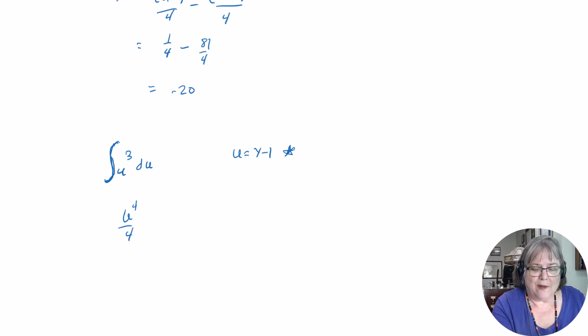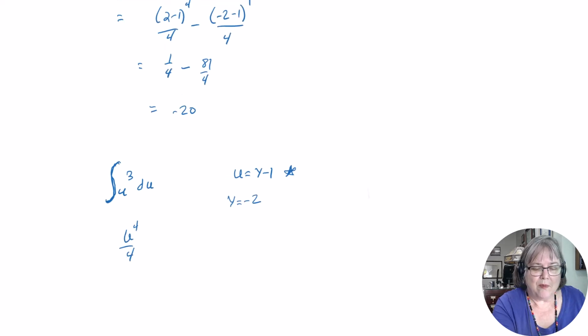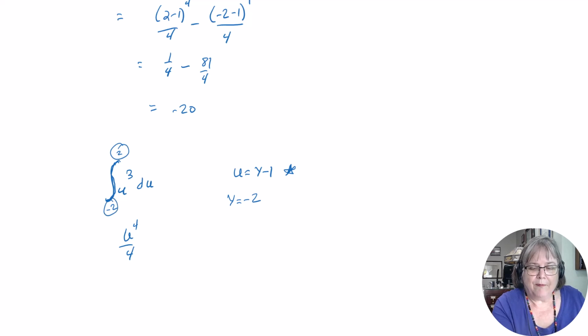So watch what happens. If u is equal to y minus 1, and we had y equal to -2, because remember we had a -2 here and a 2 there, even though they were y values, right? So if y is -2, u is -2 minus 1, right?